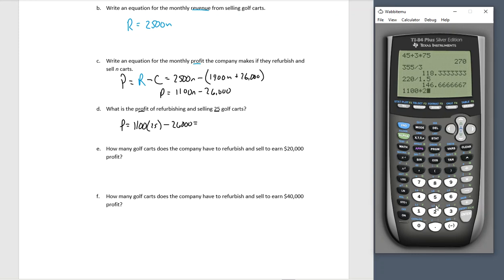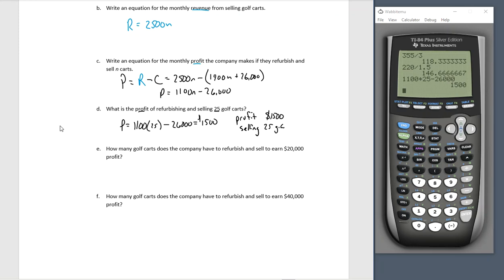We'll just do the whole thing on our calculator here. Get 1,500. So they will profit $1,500 selling 25 golf carts. As a C.